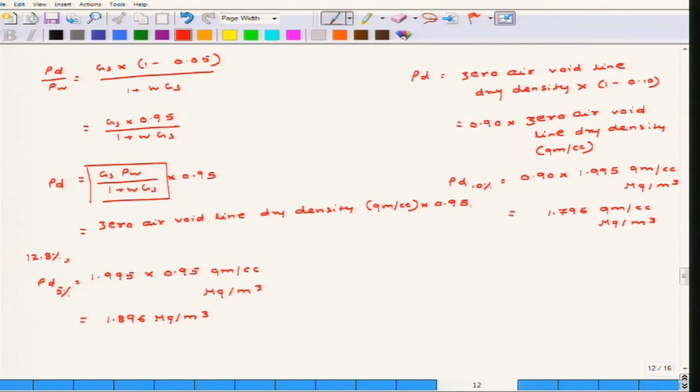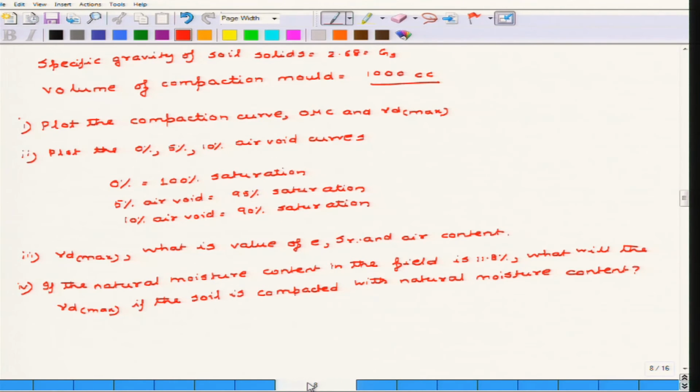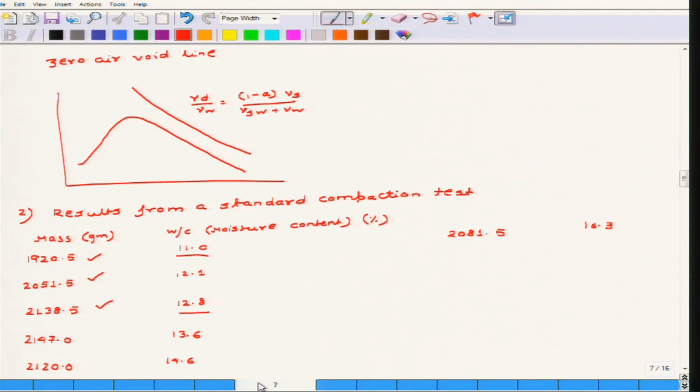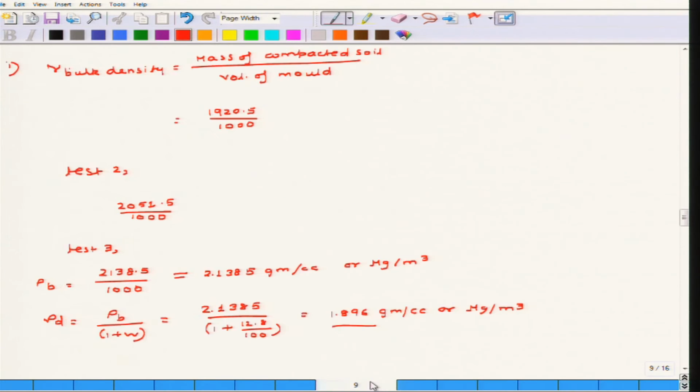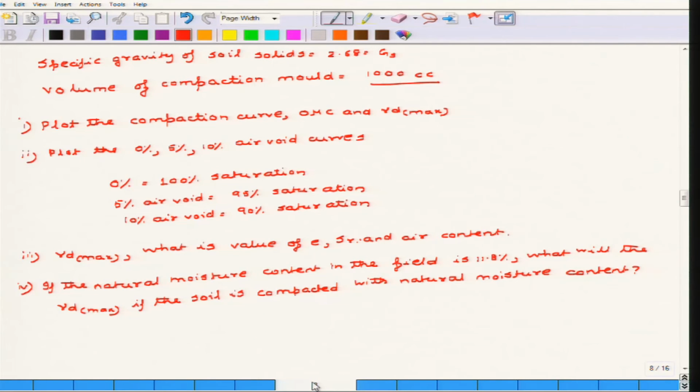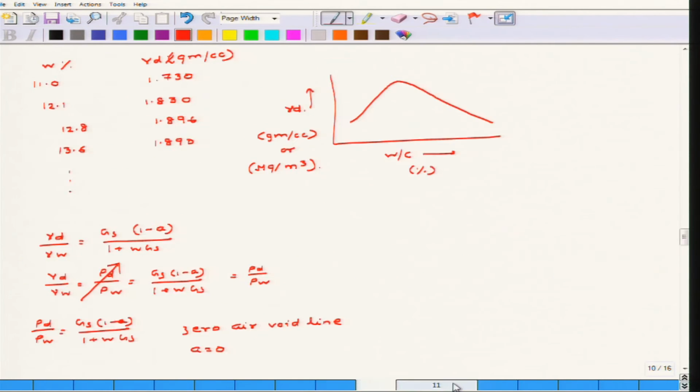So for every moisture content given here, for 100% saturation, for 95% saturation, for 90% saturation, you have to plot the dry density, you have to plot all these curves. The water content is given to you, it varies from 11 to 16.3, and corresponding to that the dry density has to be found out for the 0%, 5% and 10% air void curves.